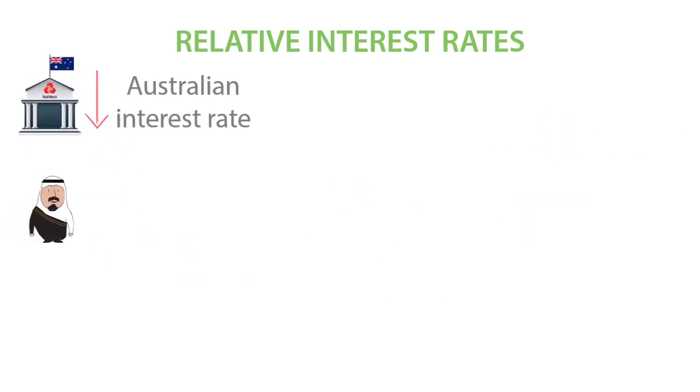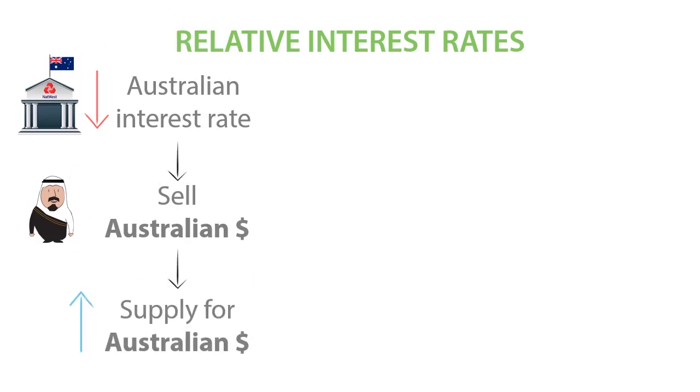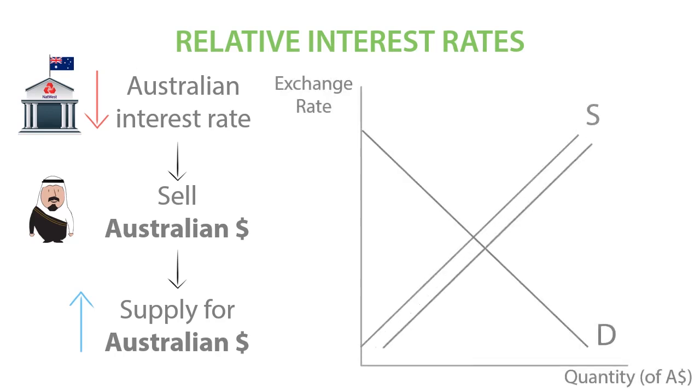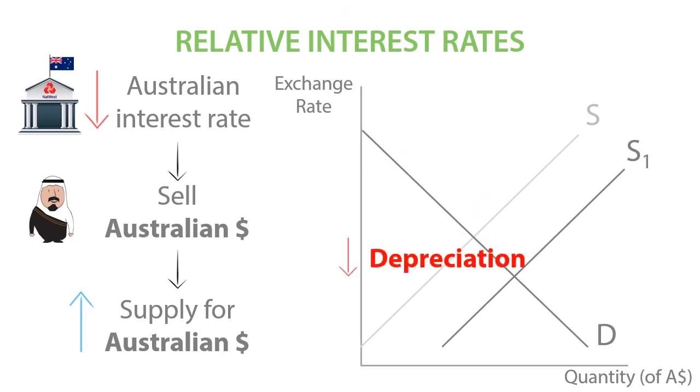So, investors would have to sell their Australian dollars to buy a different currency from a country with a higher interest rate, so the supply of Australian dollars would increase. And this increased supply of Australian dollars would depreciate Australia's exchange rate.